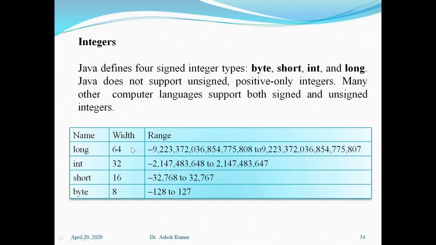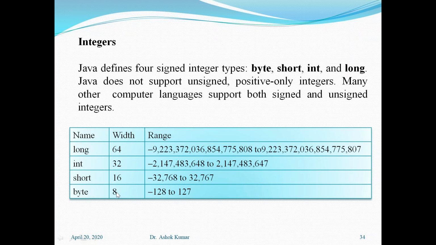For integer, 4 bytes of memory is allocated, and the integer variable can store a value within this range. Similarly, for short, 2 bytes of memory is allocated, and for byte type variable, 1 byte of memory is allocated. I have shown the width in number of bits, right?